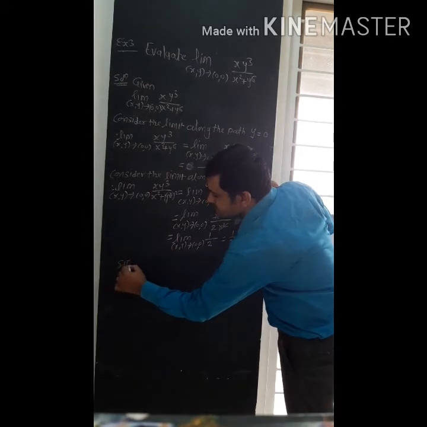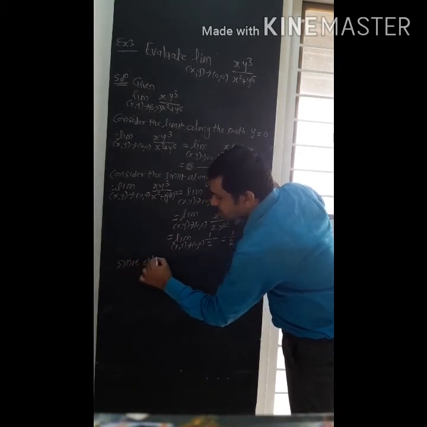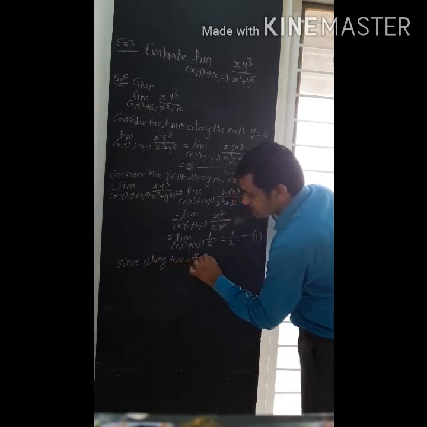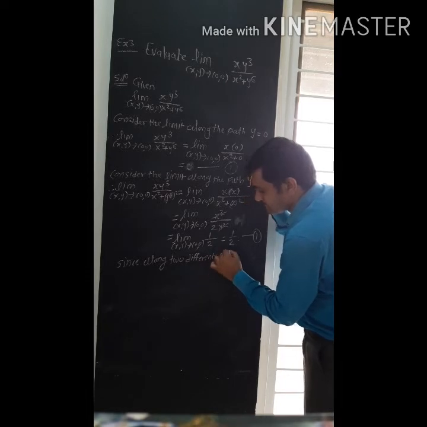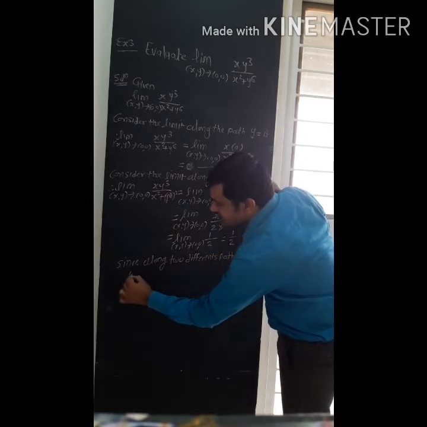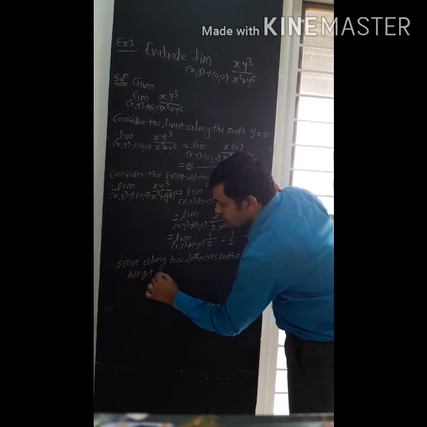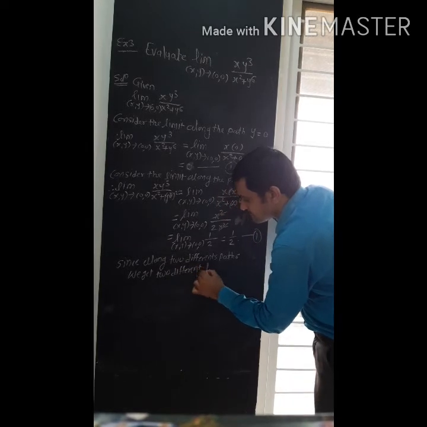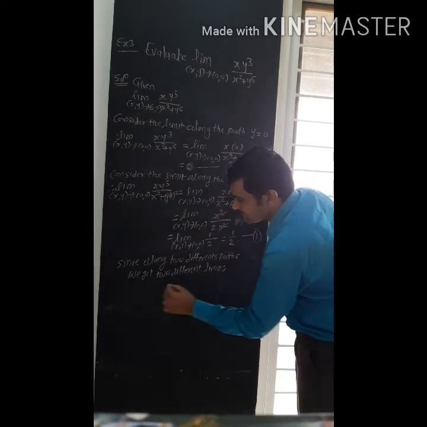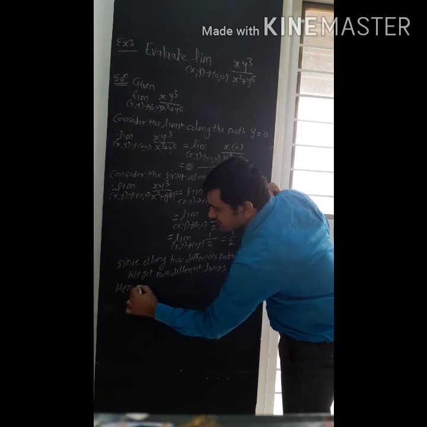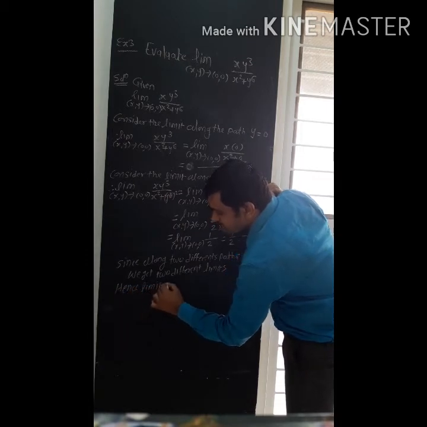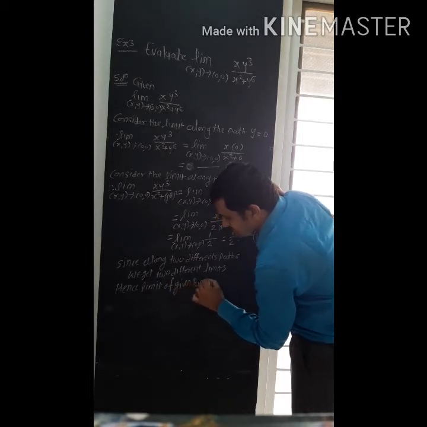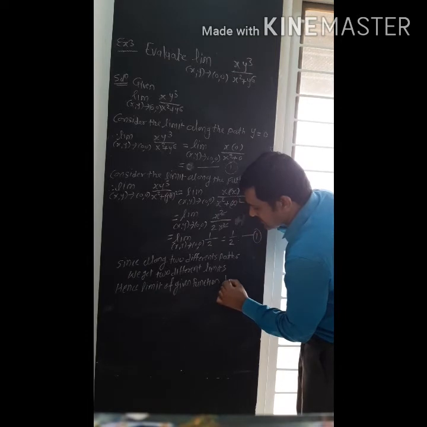Since along two different paths we get two different limits, hence the limit of the given function does not exist.